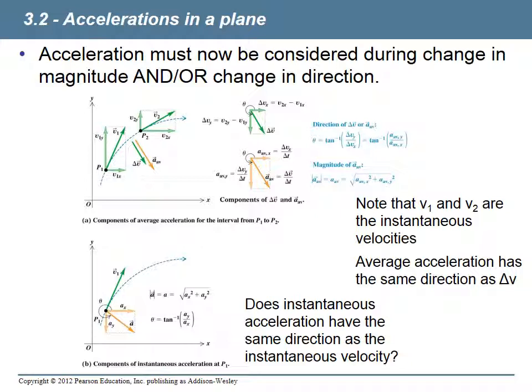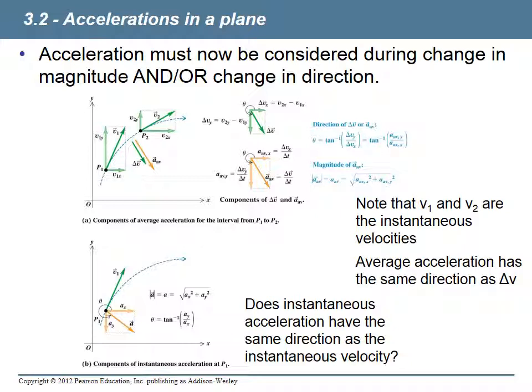So we can say theta. If I measure theta in standard position from the positive x-axis counterclockwise, then theta would be the arctangent of delta Vy over delta Vx. So the change in y component velocity divided by the change in x component velocity.